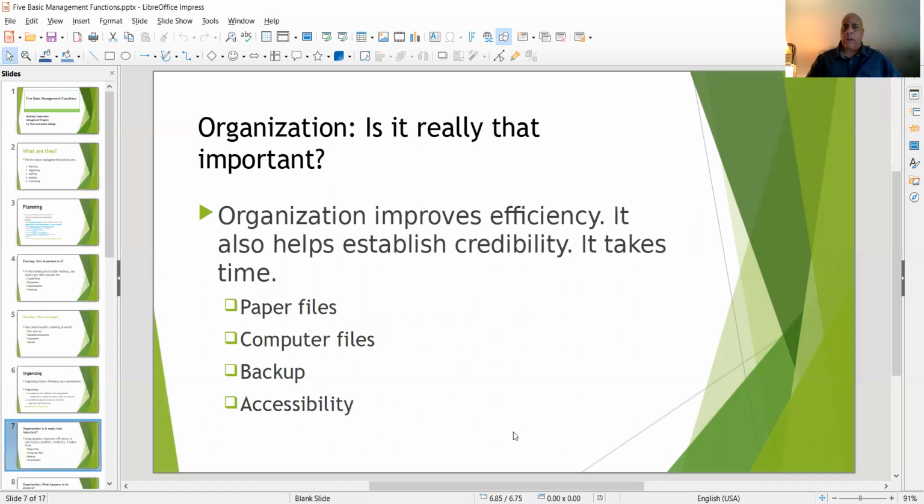Now, it is very important that you understand organization because in every organization, you need efficiency. So organization improves efficiency and it also helps the credibility establishment because the resources that you use for organization are very important, like accessibility, backup, computer or electronic files, or paper files.